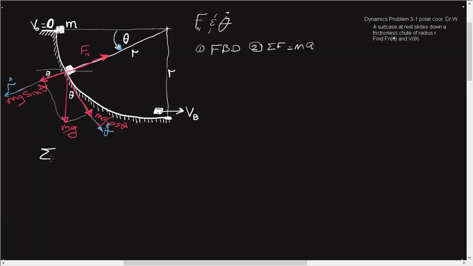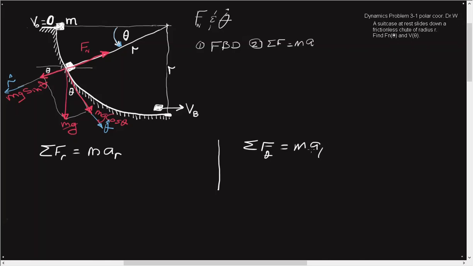So sum of the forces in the r is m a r, and sum of the forces in the theta is m a theta.